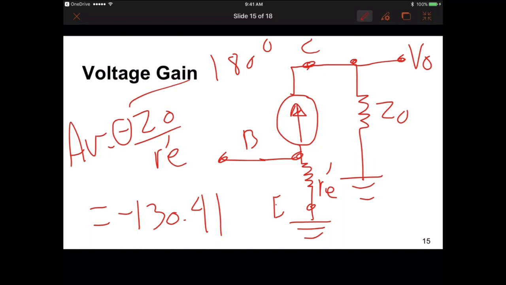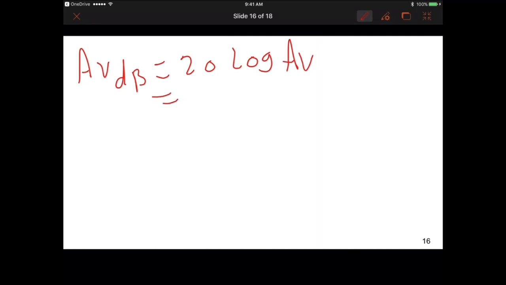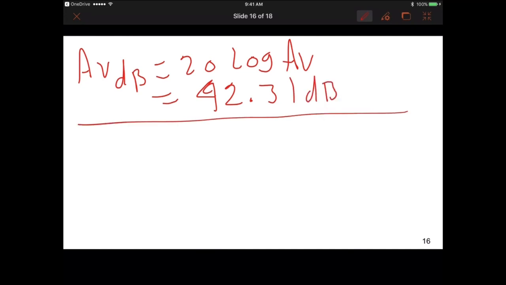We can convert that to dB: 20 log of AV, so 20 log of the 130.41 number. Drop the negative, please. That's 42.31 dB. So gain is expressed either in decibels or a ratio.